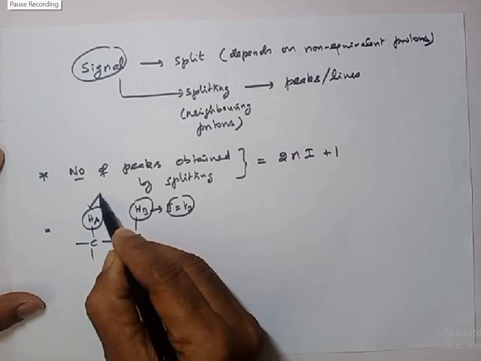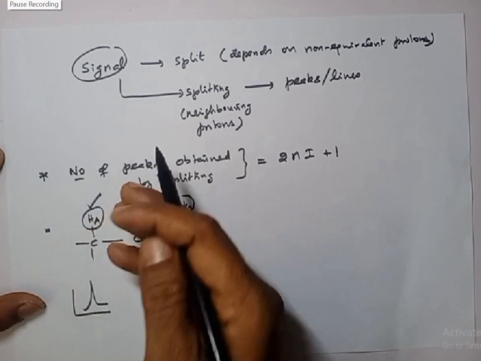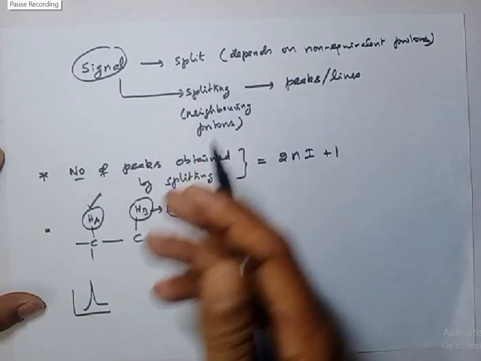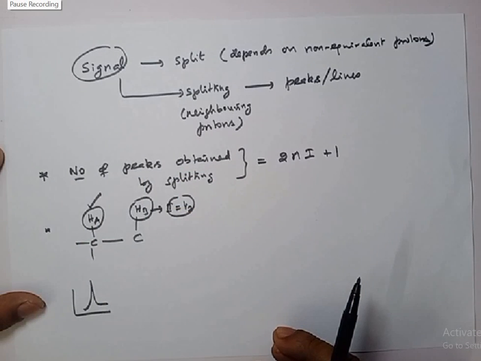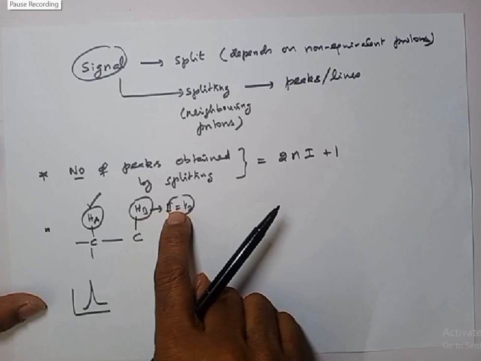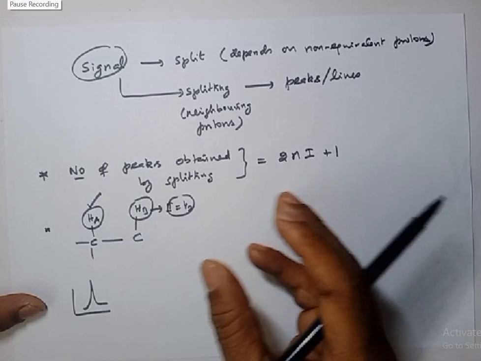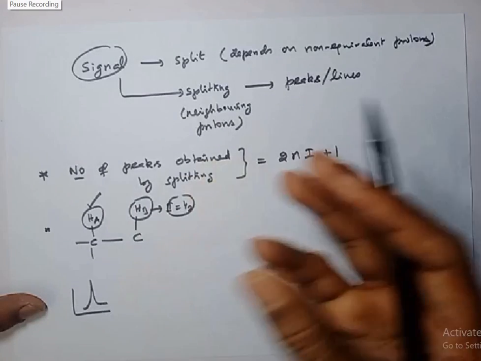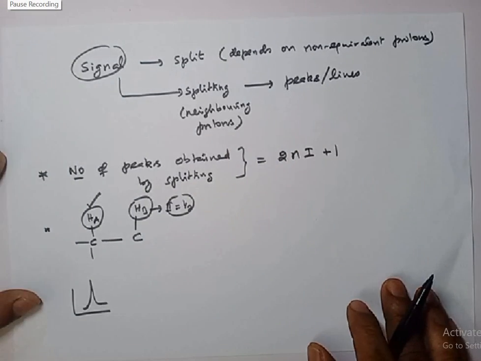I have a proton A, and that proton A will give one signal in the NMR spectrum. This signal is split into a doublet, triplet, quartet or quintet, depending upon the number of hydrogens present on the adjacent position. Since those adjacent hydrogens have I equal to half, we can predict the number of peaks, and we can also predict the intensities of those peaks using the Pascal triangle.